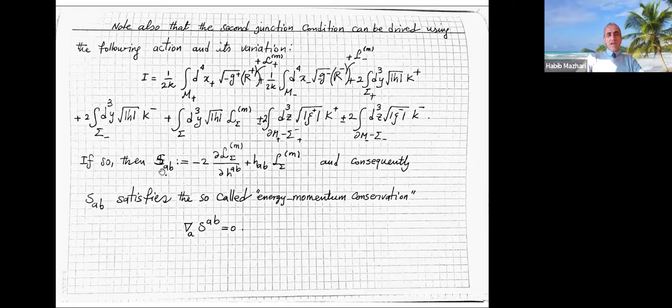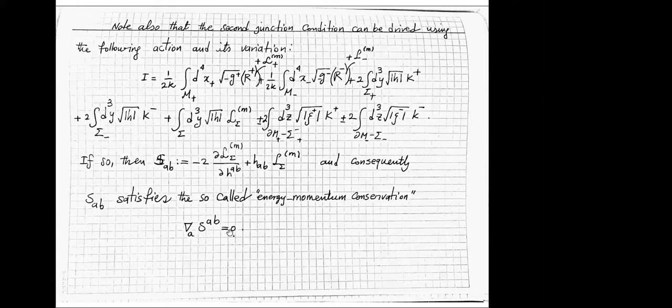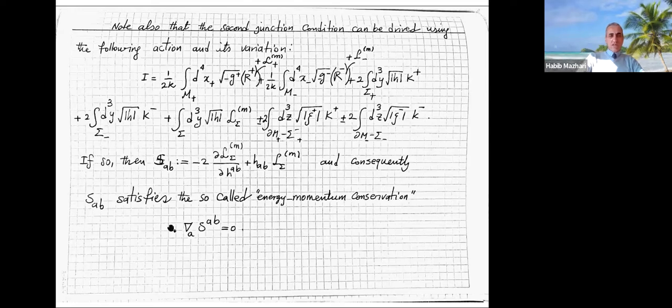S_AB from the variation is given by minus 2 dL matter on the surface over dH^AB, plus H_AB multiplied by L. If you find S_AB directly from variation, it should satisfy the energy momentum conservation condition, which means the covariant derivative of S_AB with respect to A should be 0. This is a very important equation or law, and it tells us the energy momentum on the surface is conserved.